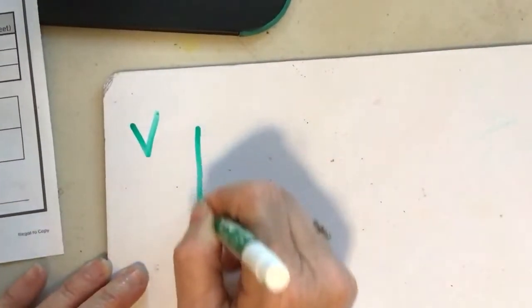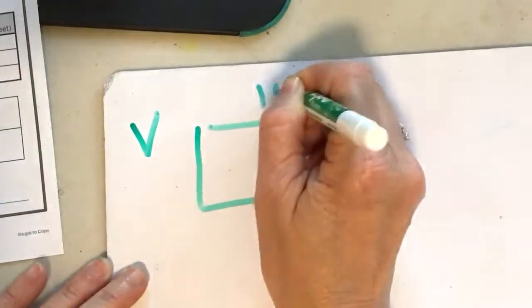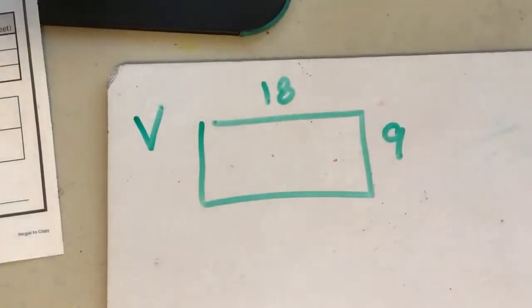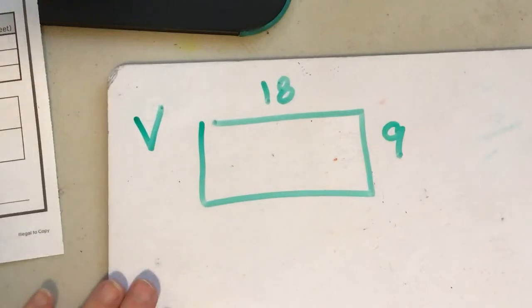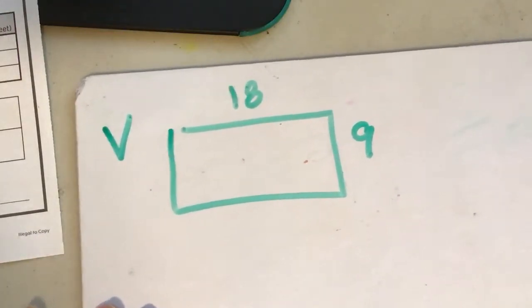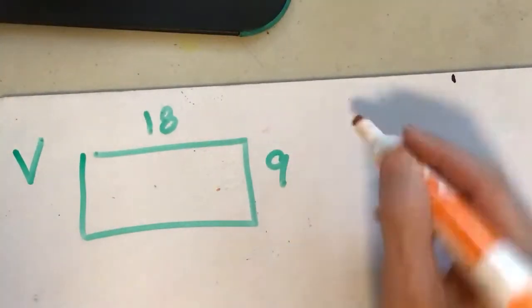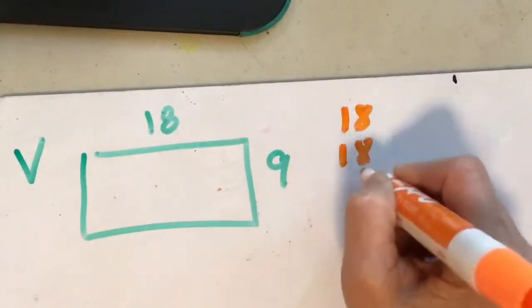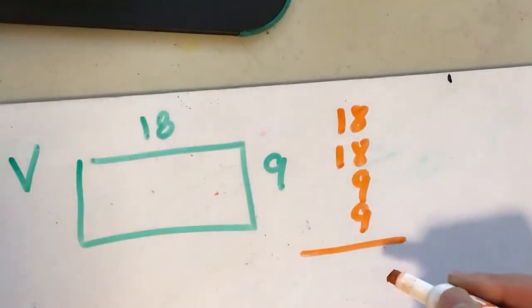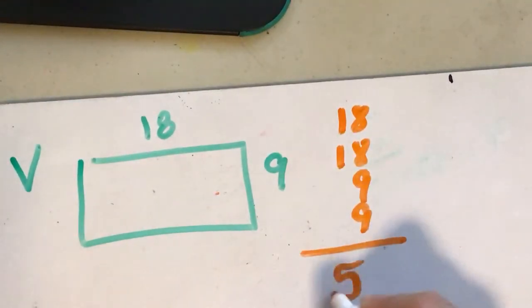All right, so for volleyball, I had 18 by 9. So for the perimeter of volleyball, I can take 18 plus 18 plus 9 plus 9, and that gives me 54.